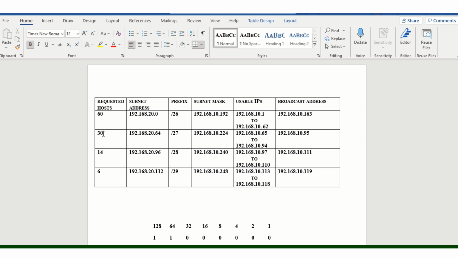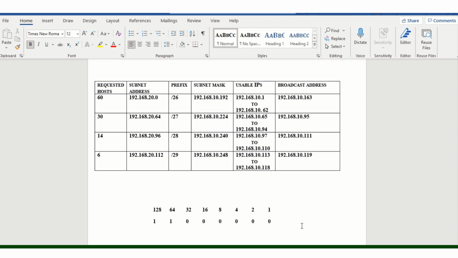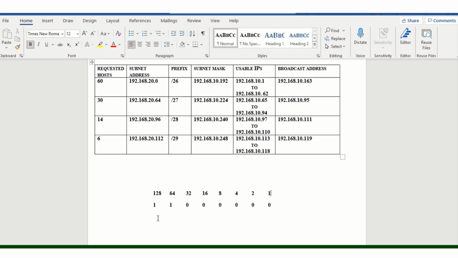Similarly for the next one, for 30 hosts required, the number of bits required for the host is 2 power 5. 2 power 5 is equal to 32. So we will have 5 bits for the host portion and we can add 3 bits to the network portion.